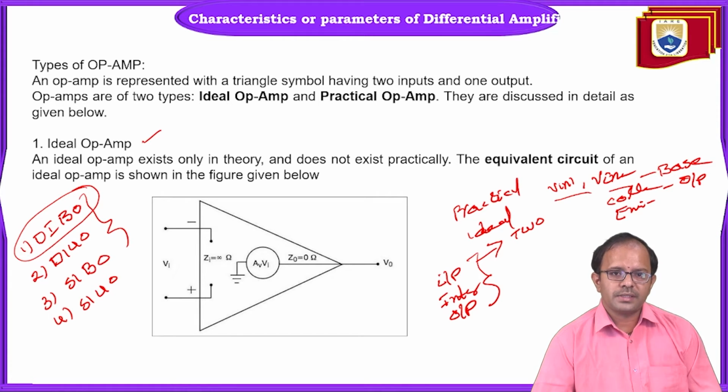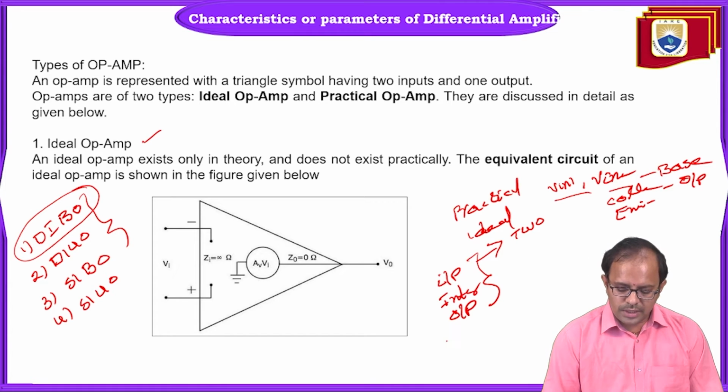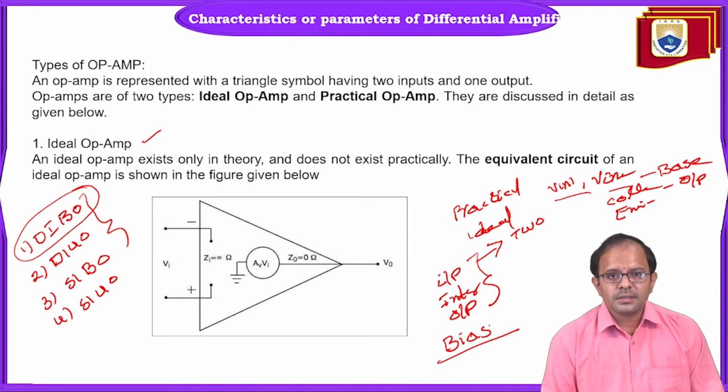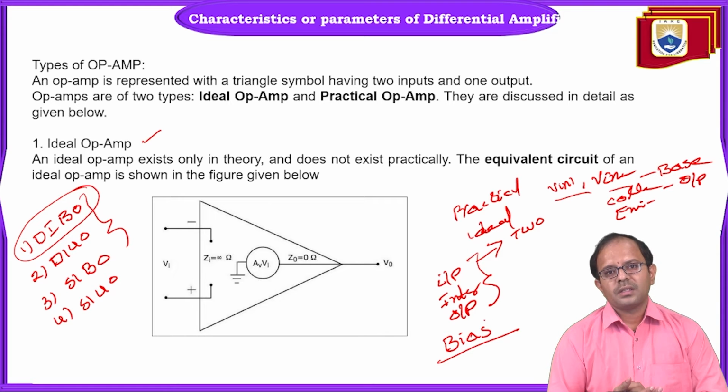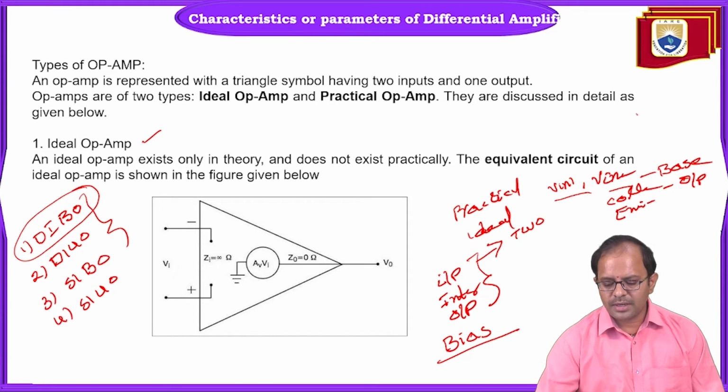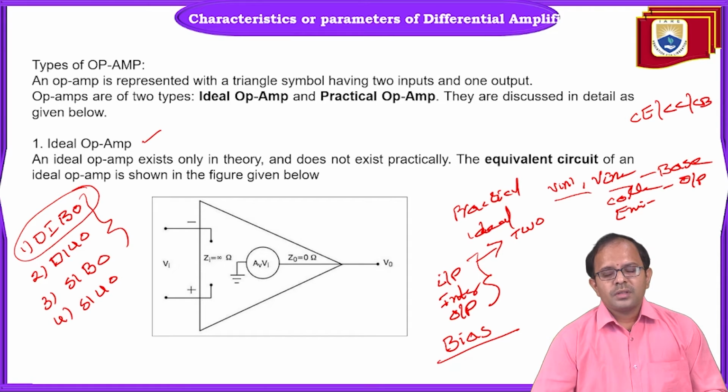Now what about the bias? Since we are using the transistors as an amplifier, the most important component in the circuit is bias. What about the bias in a differential amplifier? If you remember, in the basic amplifier circuits such as the common emitter, common collector or common base amplifier, biasing plays an important role.